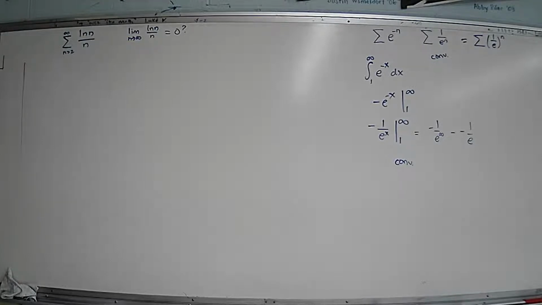Do we know the answer to that? Can you find the answer to that? How would you find the answer to that? You all should know how. How would you find the answer to that?